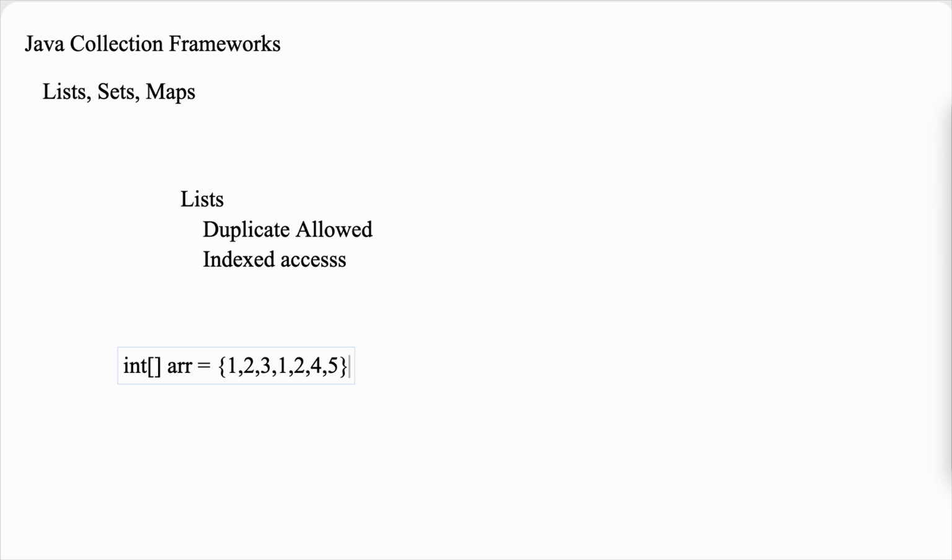The duplicate numbers in the sense we have here the elements 1 2 3 1 2 4 5. Here the duplicate numbers are 1 and 2. So we need to remove those 1 and 2, and we have to print only 1 2 3 4 5. We don't need the duplicate values. So for that we can create one method.